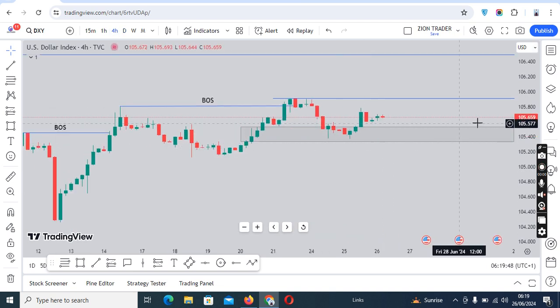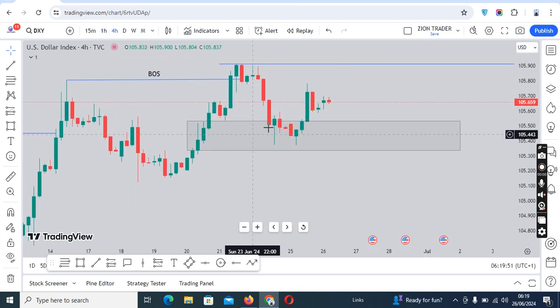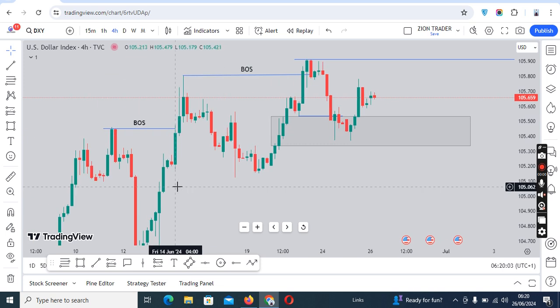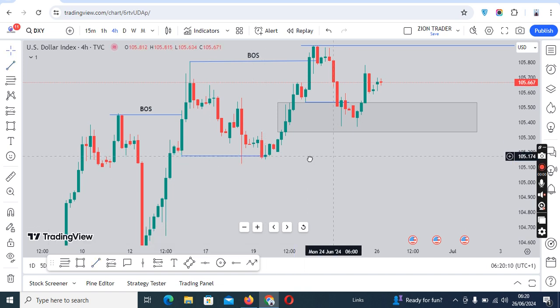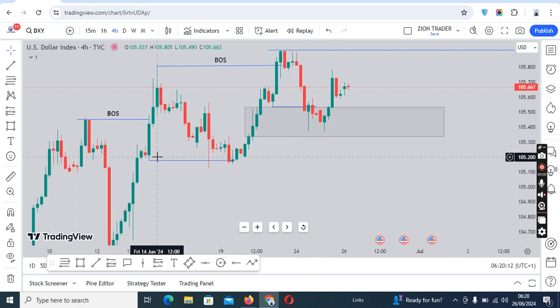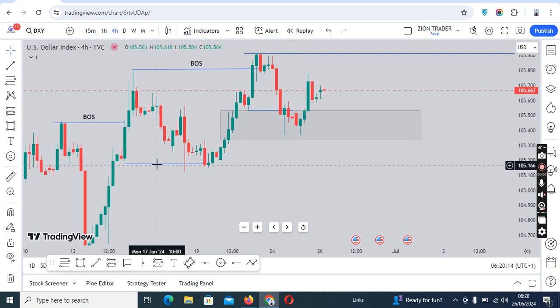Coming into the daily time frame, yesterday price traded and did all of this. On Monday price got to our level, this fair value gap. You can see, guys, price took liquidity here, which is very cool. I was waiting for that to replay here, and you can see that it has happened, right?